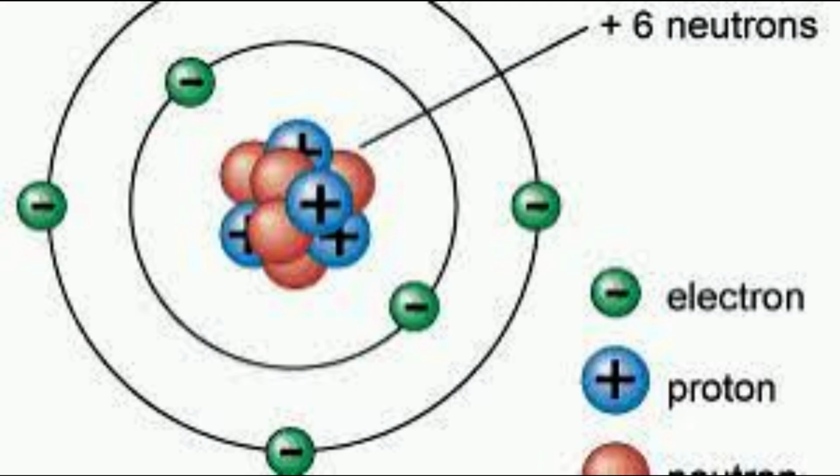There's also one more thing to note, is that electrons do not spin. When people are taught chemistry, they're taught that there's the nucleus, there's the electrons spinning around it, all that stuff.